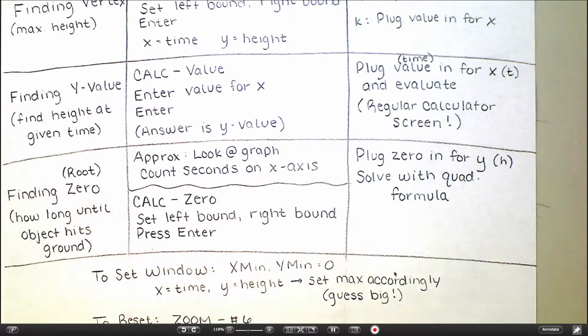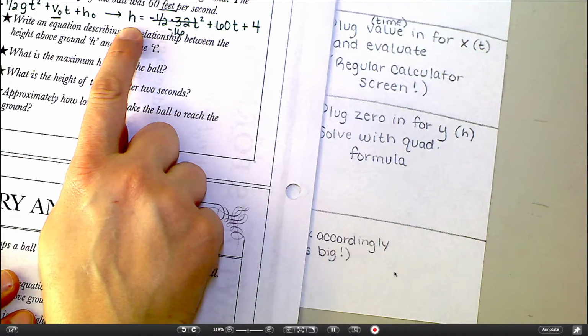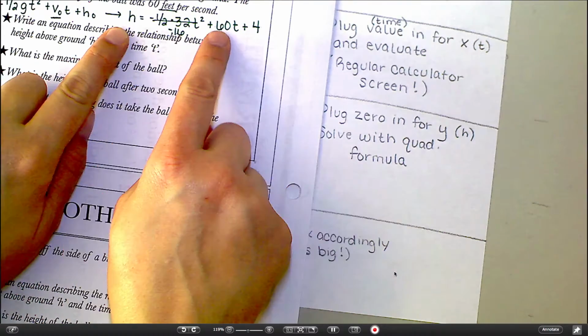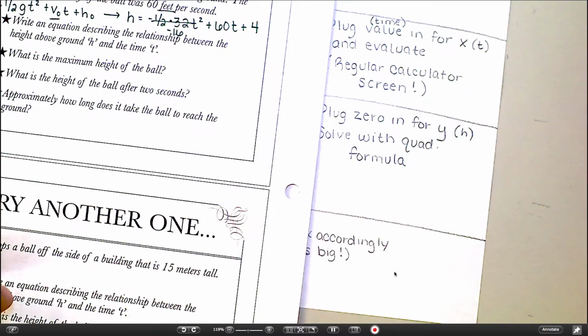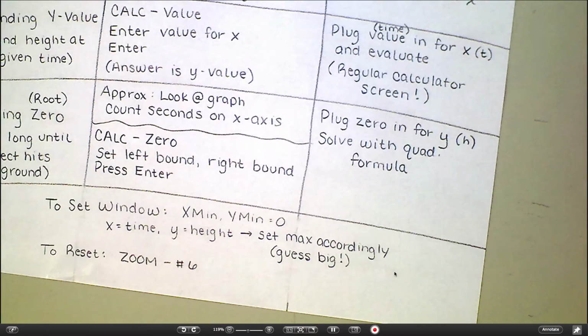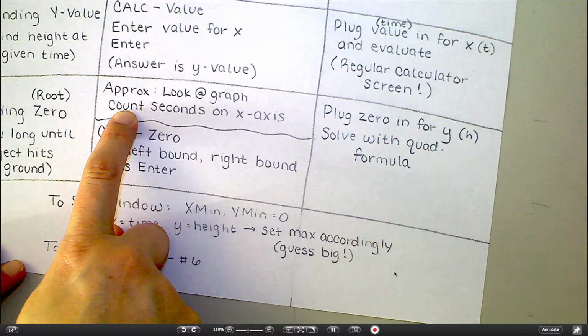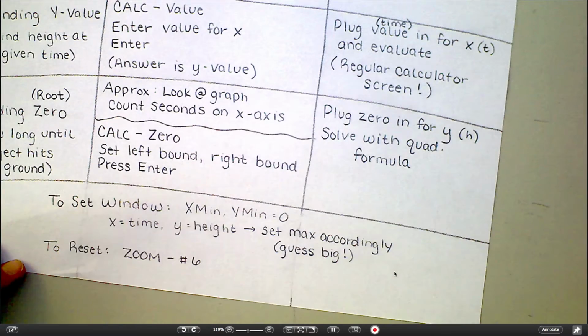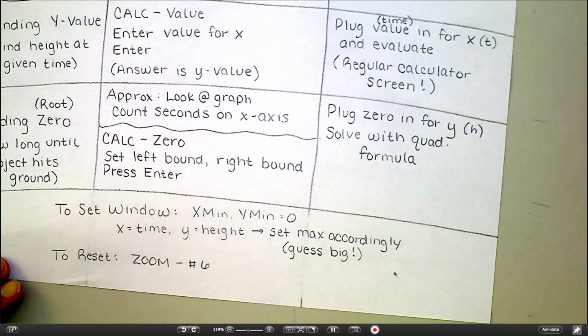So I could take this equation, put a 0 right here, and then do my A, B, and C, use the quadratic formula, and solve and get that same answer. But I really encourage you to pay attention to how the question's worded, because anytime it's asking you for an approximate answer, it's much easier just to look at the graph and count the seconds. If you had to find an exact value, you could do one of those two things.